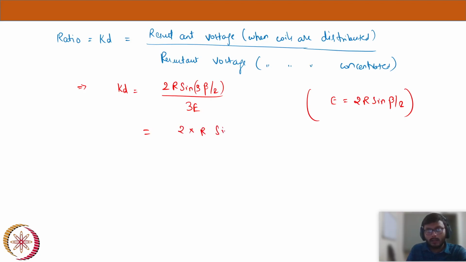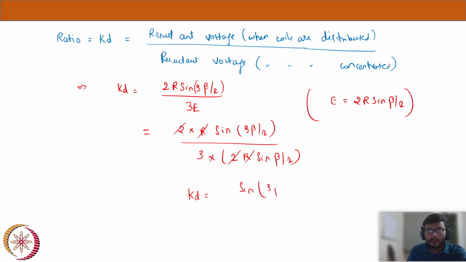2R sine 3 beta by 2 divided by E, which is 2R sine beta by 2. Now 2R gets cancelled. KD will be sine 3 beta by 2 by 3 sine beta by 2.